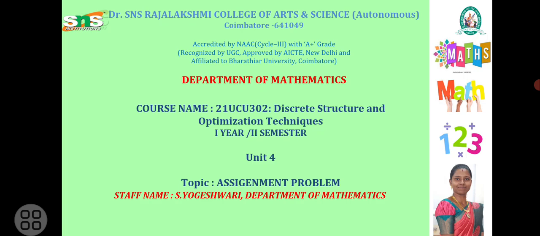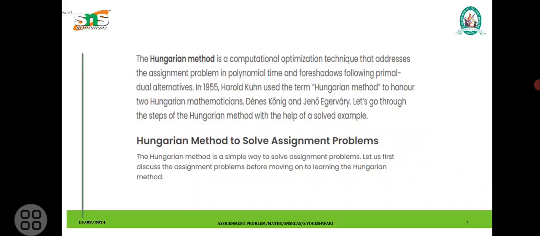Now I am taking the discrete structure and optimization techniques. The topic is assignment problem. The Hungarian method is a computational optimization technique that addresses the assignment problem in polynomial time and foreshadows the following primal-dual alternatives.